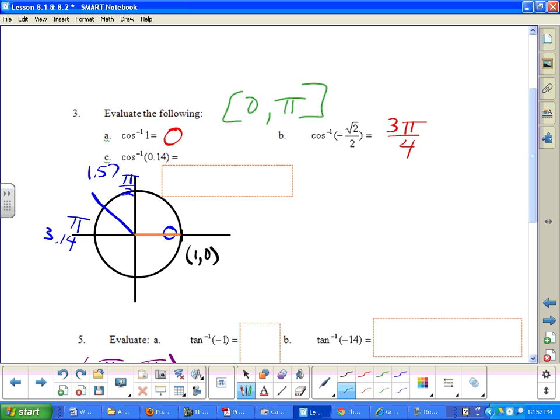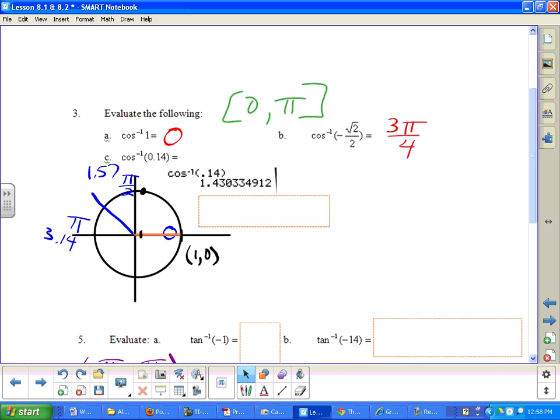So if I'm only going 0.14, that's only about this far, isn't it? 1/10 of the way there. Which means then if I'm going to hit my unit circle, I'm hitting the unit circle about at this point here, correct? So the answer I get for inverse cosine of 0.14 should be just a little bit less than 1.57.